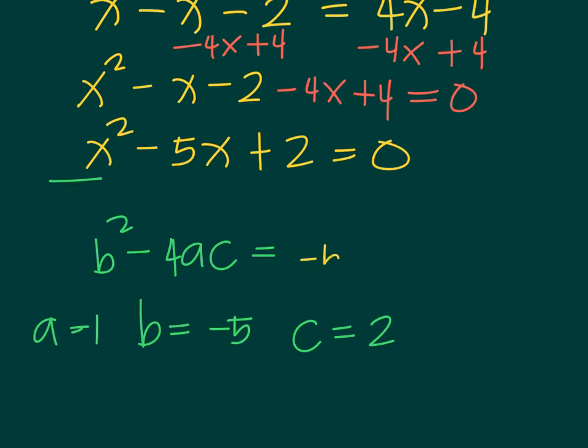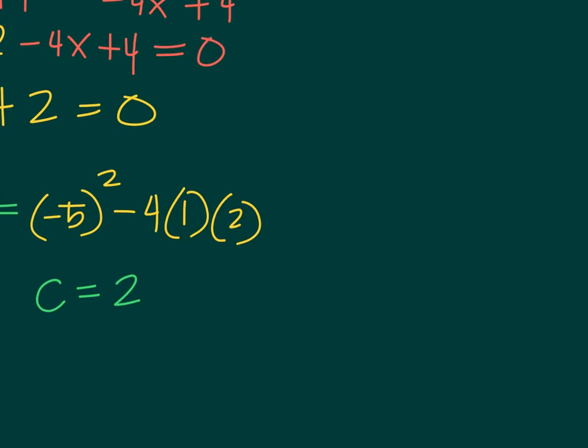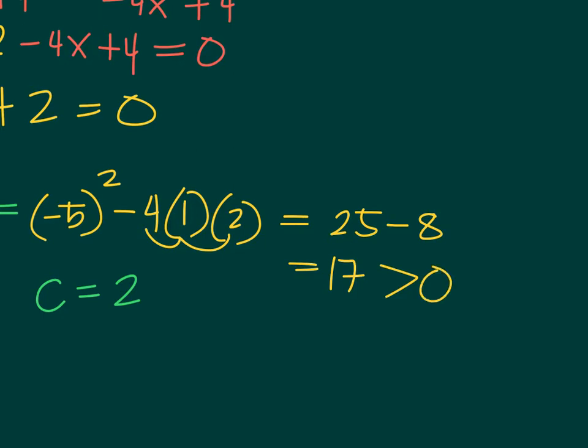This is negative 5 squared minus 4 times our a is 1 and then our c is 2. So this will be 25, negative 5 squared is 25, minus 4 times 1 times 2 is 8, and this is 17. Again, a positive number.